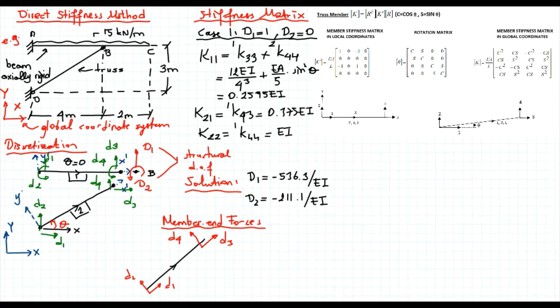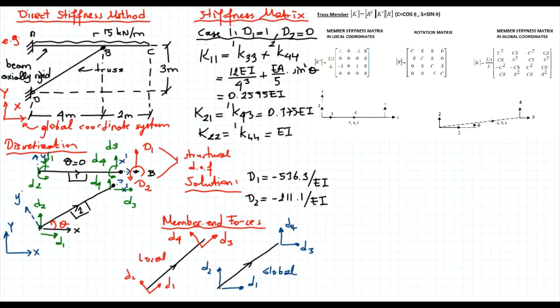Now the ones in the global direction are as follows. Let's repeat how we determine that. D1 will be at the start node in the global x direction. D2 will be at the start node in the global y direction. D3 end node global x. D4 end node global y.